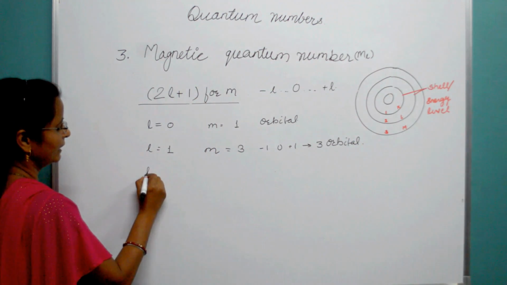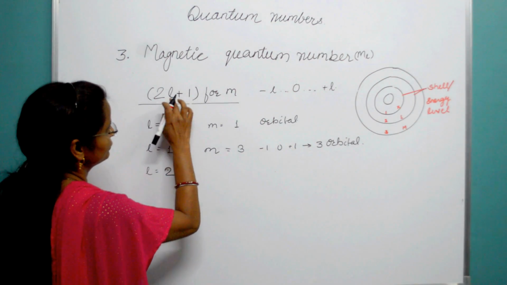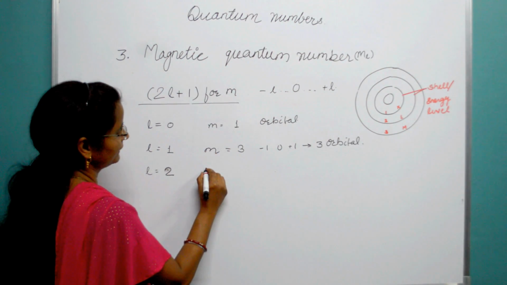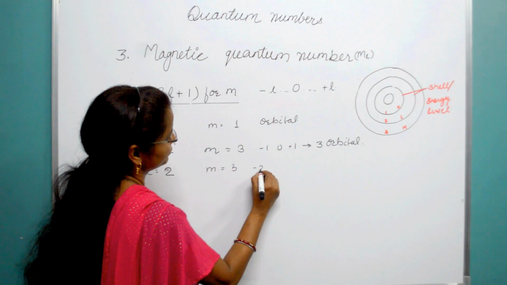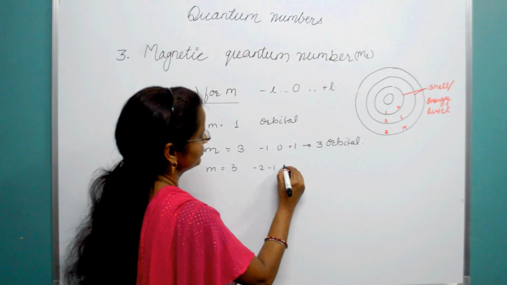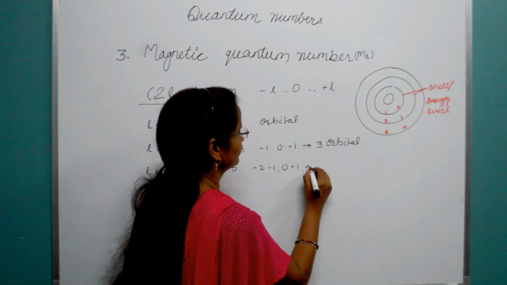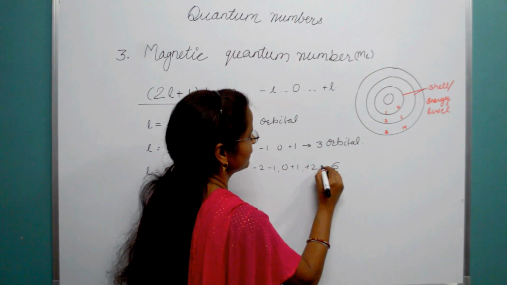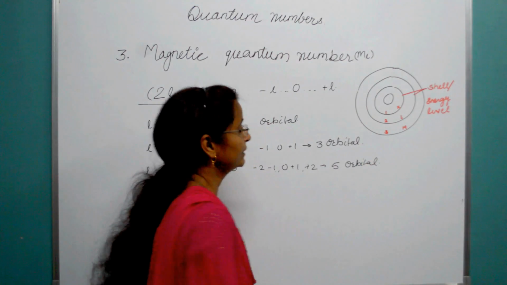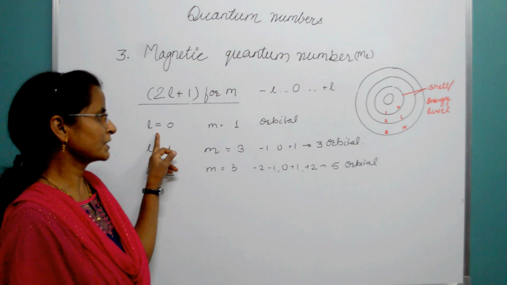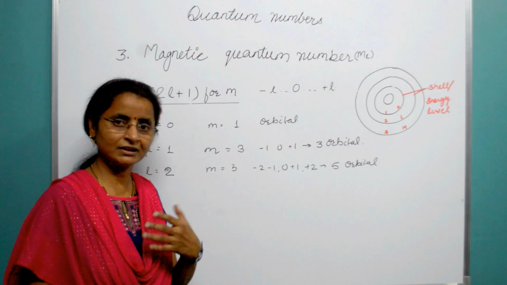Now if L is equal to 2, then 2 into 2 is 4, 4 plus 1 is 5, so the values of m are minus 2, minus 1, 0, plus 1, plus 2. Total 5 orbitals.